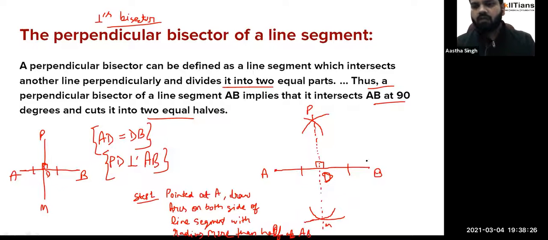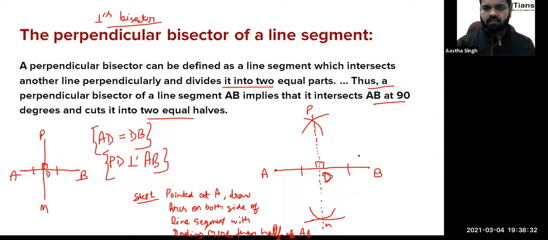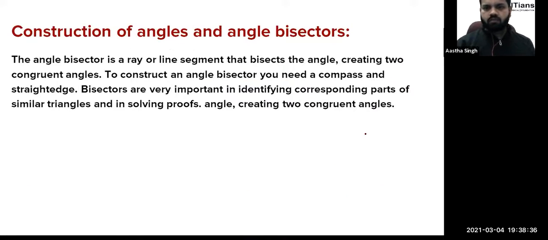I think you all have got the point, right? Let me just summarize. We are discussing the perpendicular bisector of a line segment. Take a line AB.